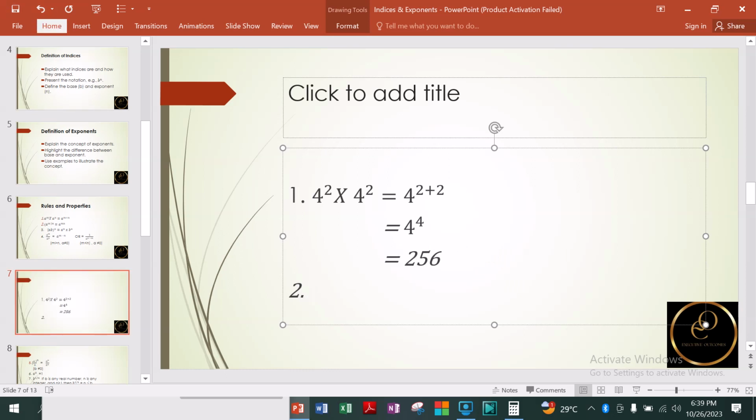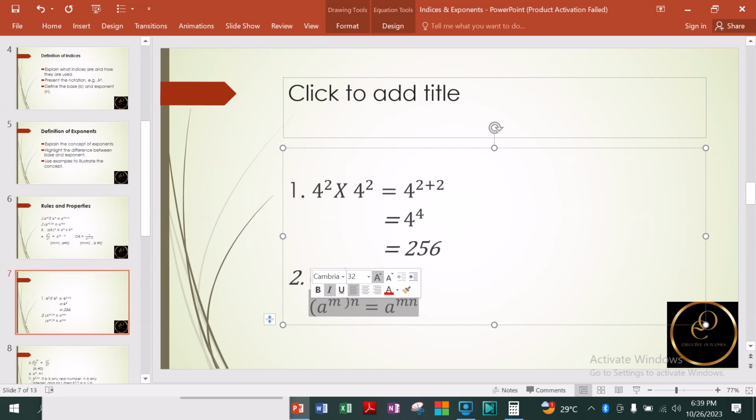We are looking at this rule, so let me make it bigger. Let me come up with a simple illustration.